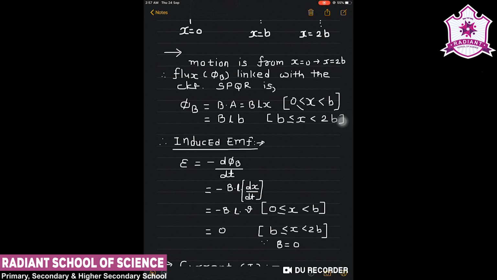So EMF for the region x equals b to x equals 2b will be 0, and in the region x equals 0 to x equals b, it will be minus BLV.